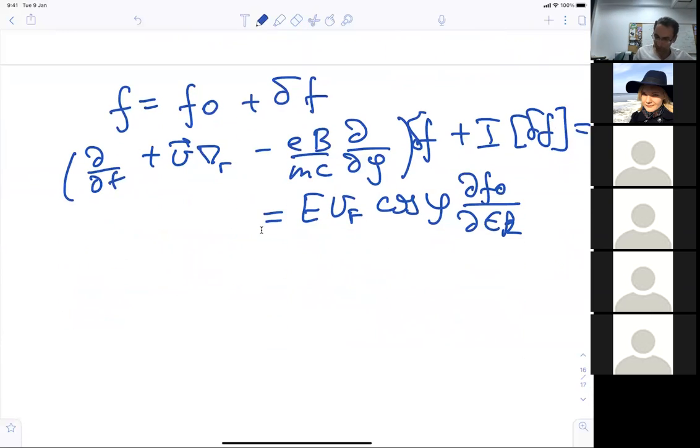Okay, so the only new addition to the Boltzmann equation is this term that came with the magnetic field.